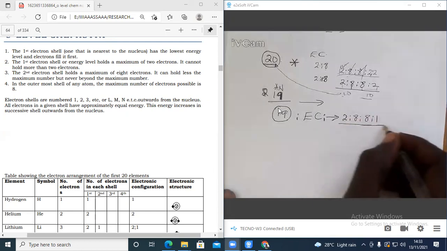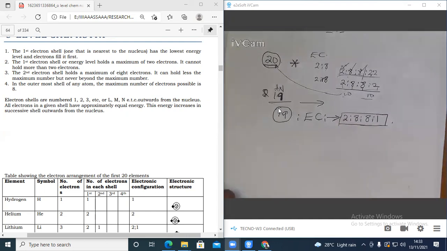That is the correct electronic configuration. Who has not got the ways of writing the electronic configuration? We have all understood how to come up with electronic configurations. Very good.